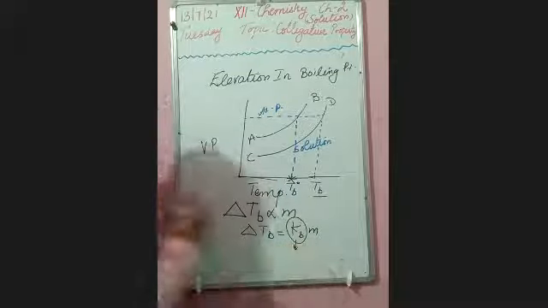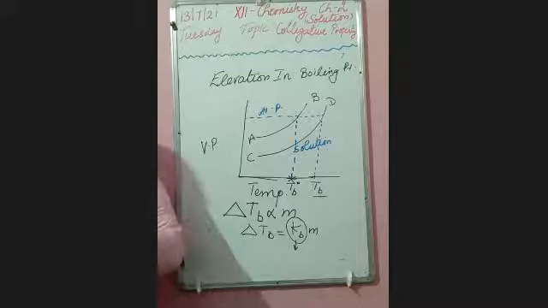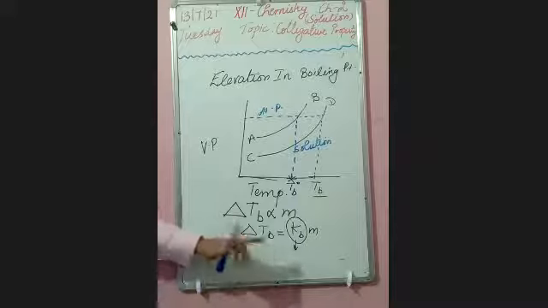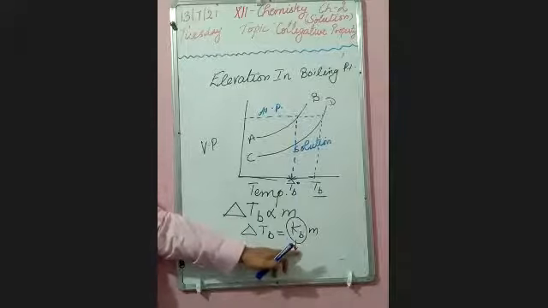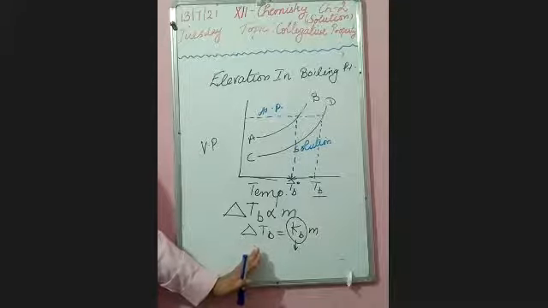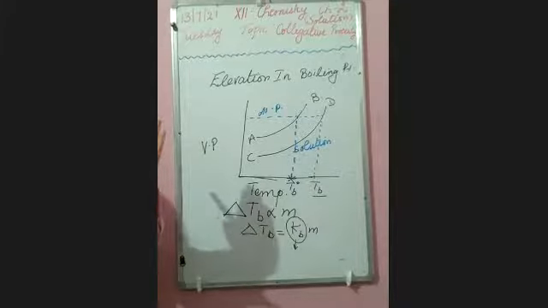This constant is your molal elevation constant, and another name for this constant is the ebullioscopic constant. If Kb is the ebullioscopic constant, m is the molality, and delta Tb is the elevation in boiling point.